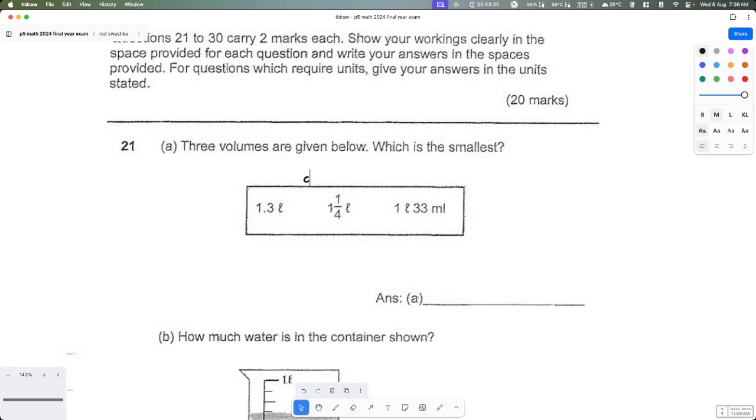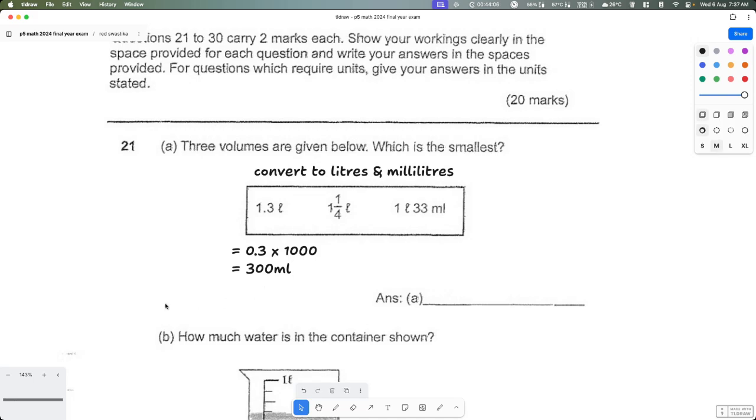I think we just convert to milliliters, so it's easier to see. For 0.3 liters, that is 0.3 times 1000, which is 300 milliliters.